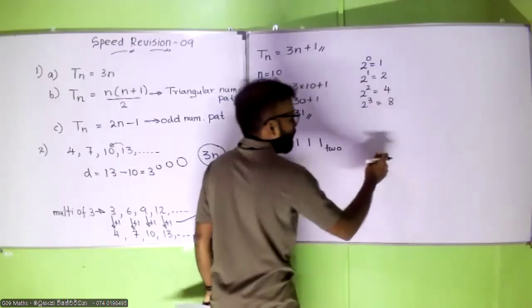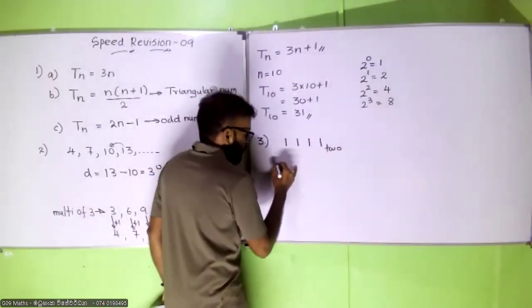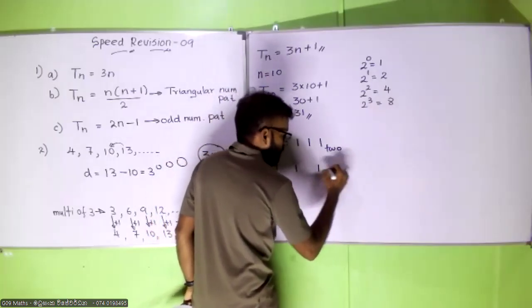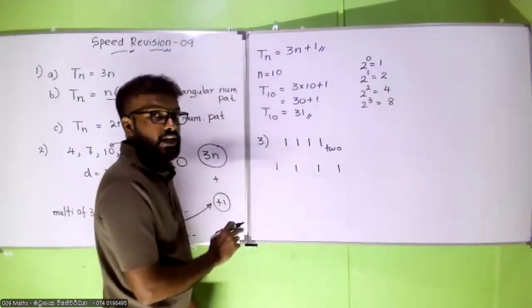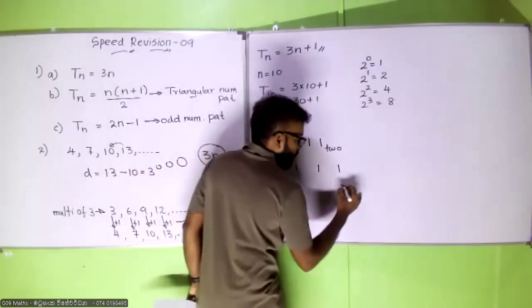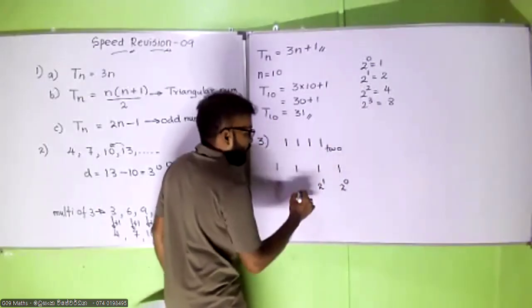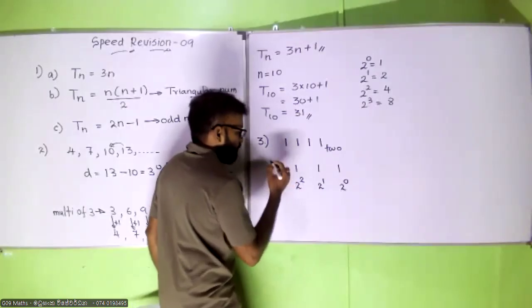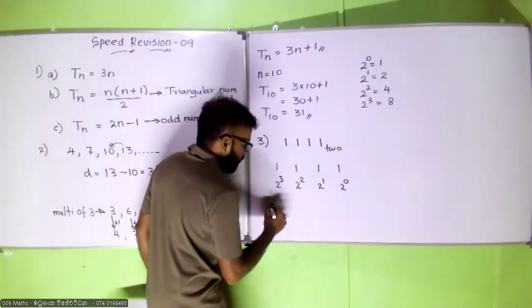If you want, you can write further. I will write this with some space between each one. Under this, I will place 2 to the power 0, then 2 to the power 1, then 2 to the power 2, then 2 to the power 3. Now I can write this one.